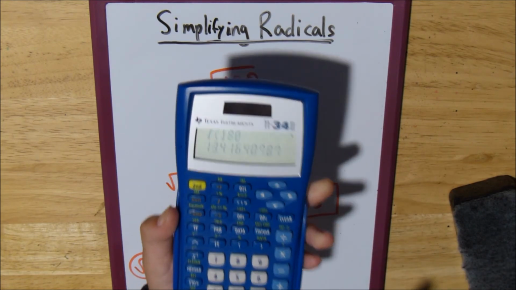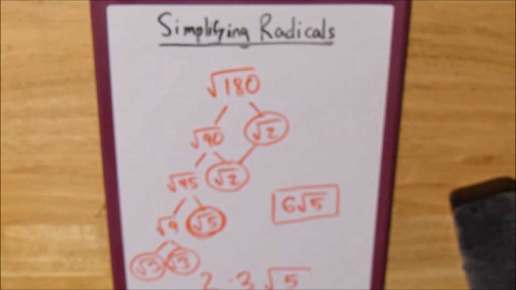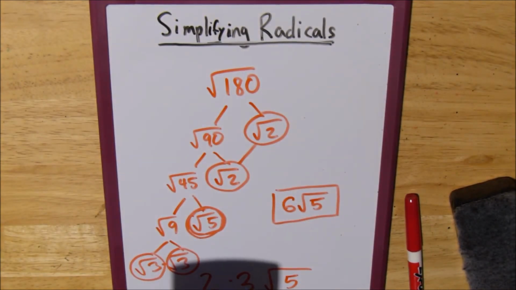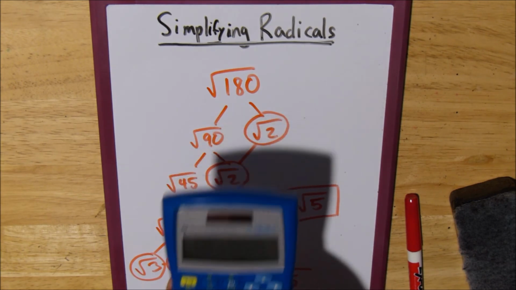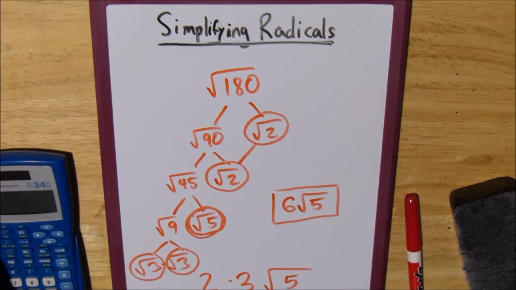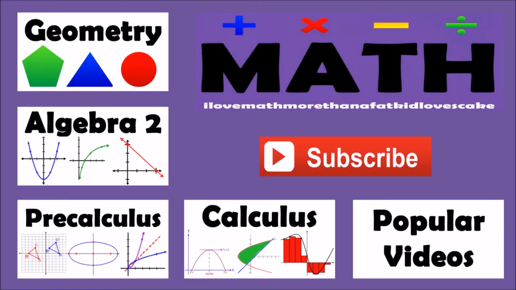I don't know if you can see that. Hopefully you can. Anyway, 6 times the square root of 5 is also 13.4164. So we successfully simplified this radical, and they equal each other. Everything is great.